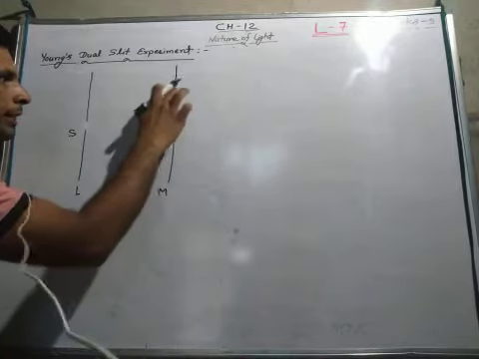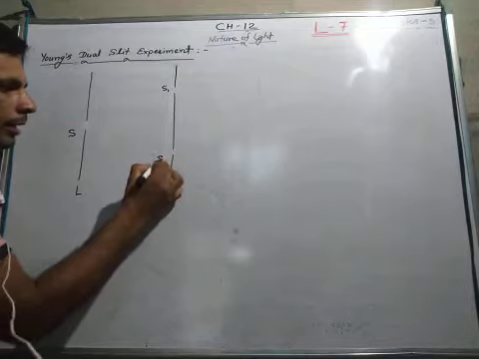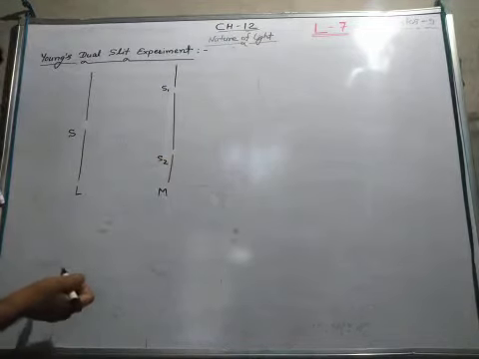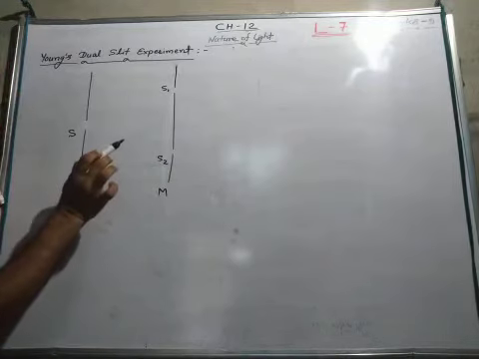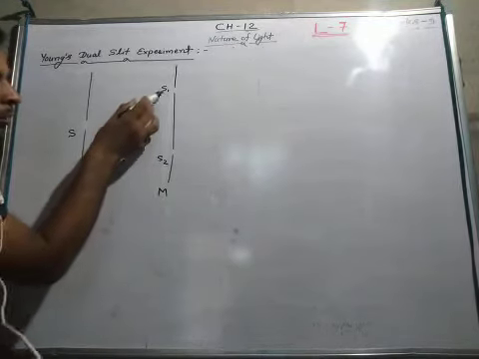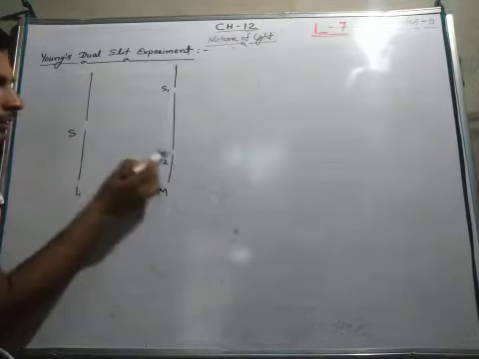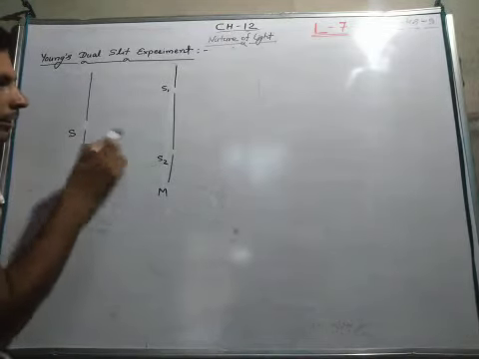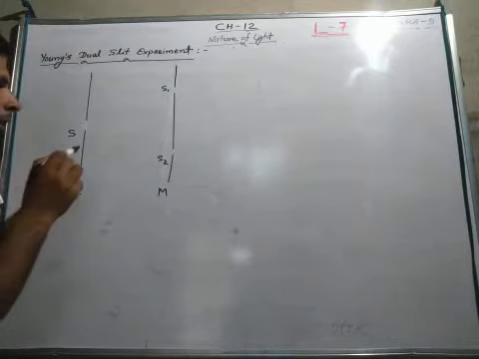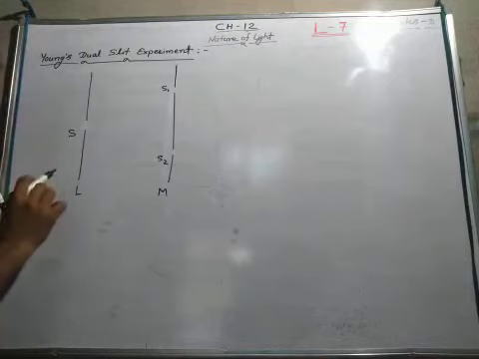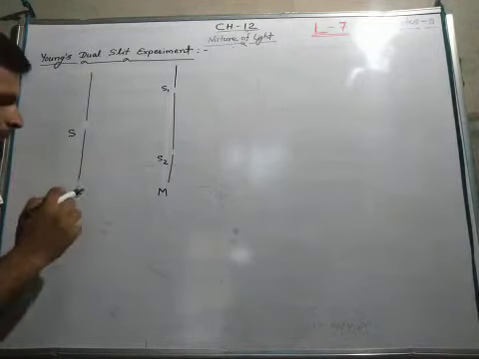There are two slits, S1 and S2, in this screen. Both slits S1 and S2 are at the same distance from slit S. Now we show the wave pattern between them.